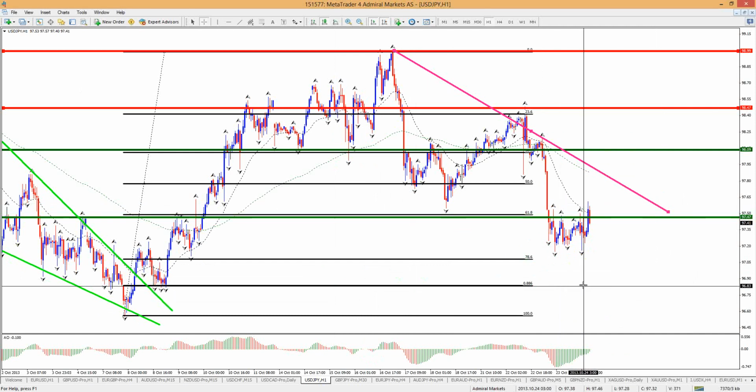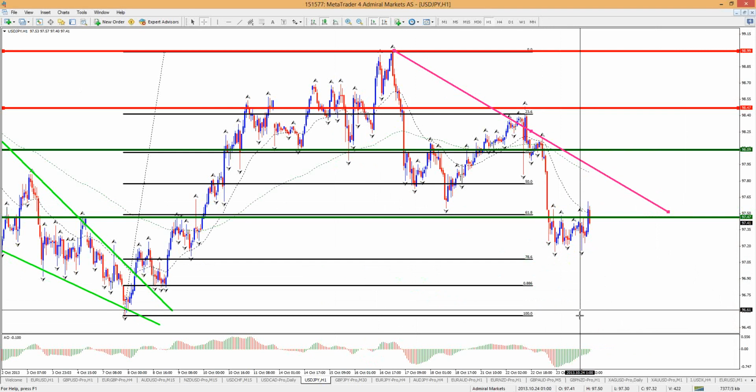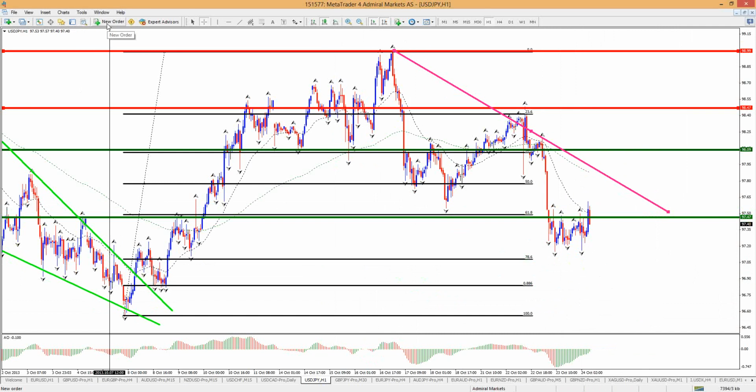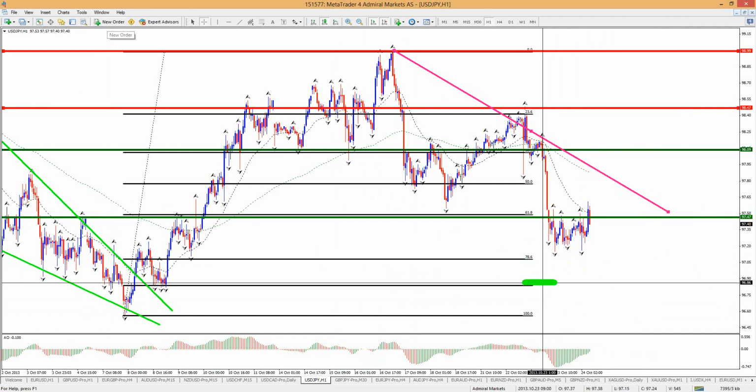I'll see how many pips risk that is if the currency were to go to the 886 at 96.83. The stop loss would have to be below 96.56, for example 96.53. So that is roughly 35 pips stop loss, which is not bad. So that could be a bounce trade idea right there, and I'll punch that in.